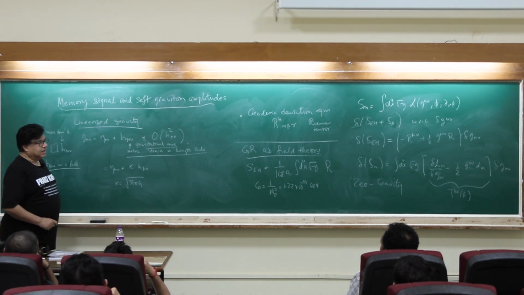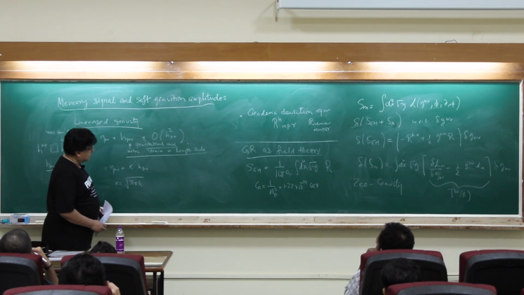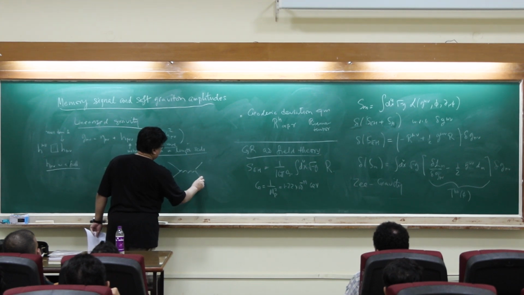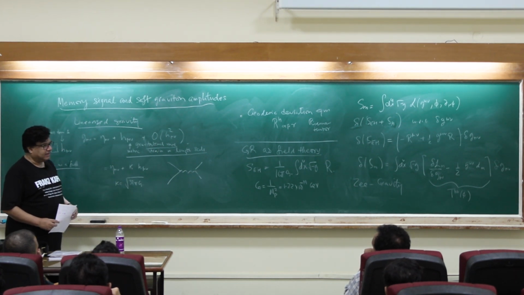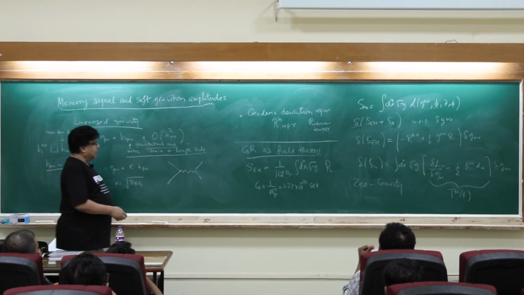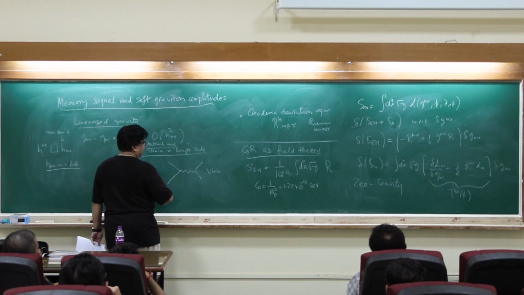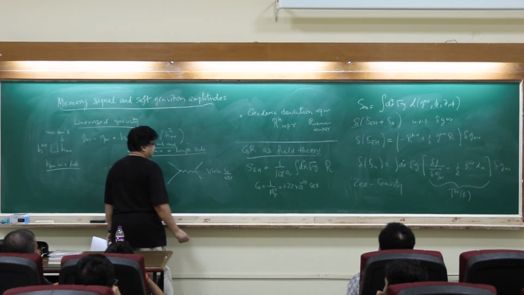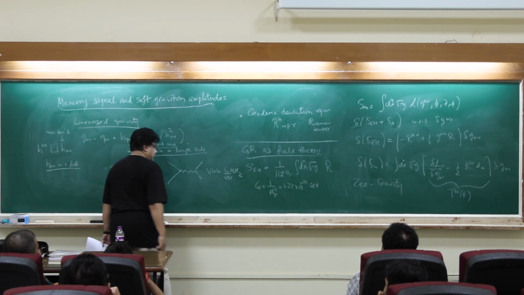Okay, and the reason this number is chosen is that you can calculate an elementary amplitude where you have exchange of a graviton, and this should give you your Newton's law. So this in position space should give you, what is that? Something like that.